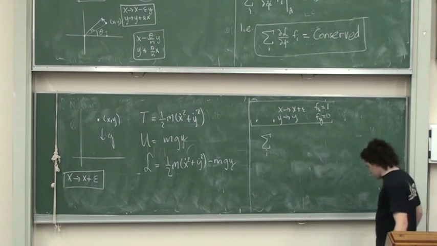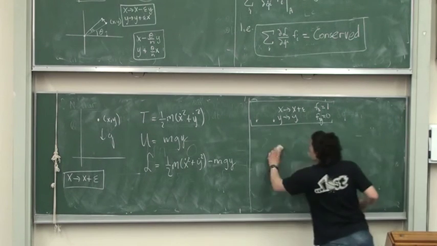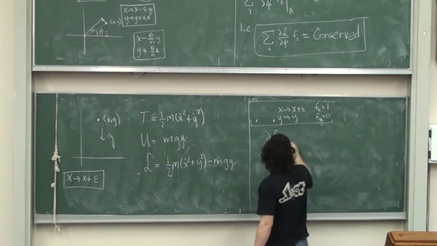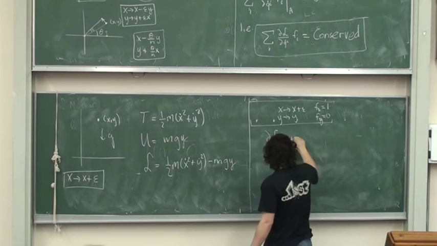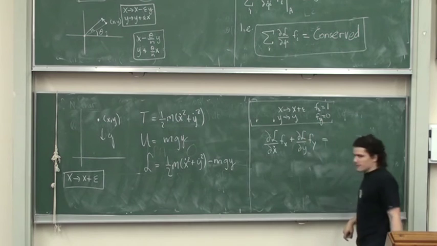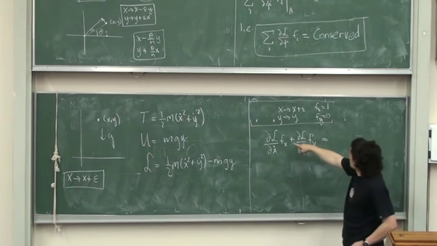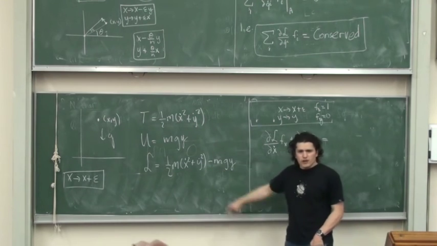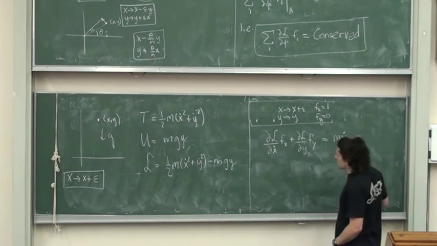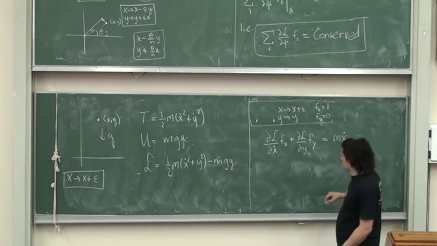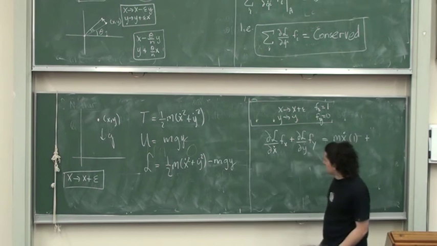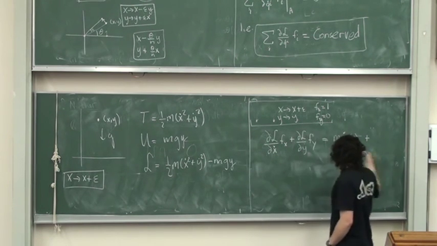So this is going to look like ∂L/∂x dot times Fx, plus ∂L/∂y dot times Fy. And ∂L/∂x dot is just m x dot times 1, plus ∂L/∂y dot times 0, so it's 0.